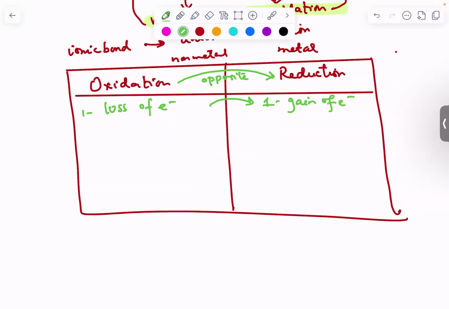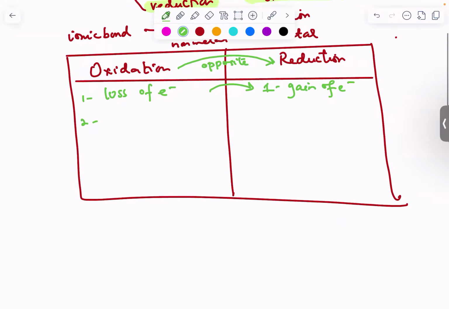Number two: when an electron is lost, there is always an increase in oxidation state or oxidation number. I'll show you how. And in reduction, the opposite of increase in oxidation number would be a decrease in oxidation number.